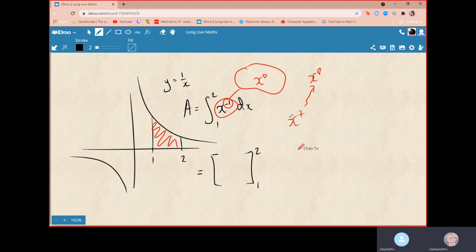If I were to ask you to integrate x to the power of, let's say, 13, you would have to think about x to the power of 14, right, Chelsea? Because when you differentiate x to the power 14, it would be 14, x stays the same, the power gets minus by 1, and then you would somehow get rid of this 14. So when you integrate, it's always one notch higher. Can you see that, Chelsea?